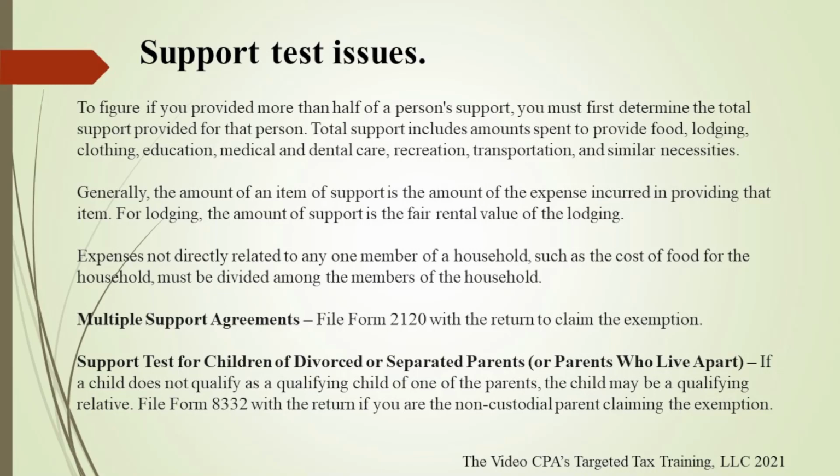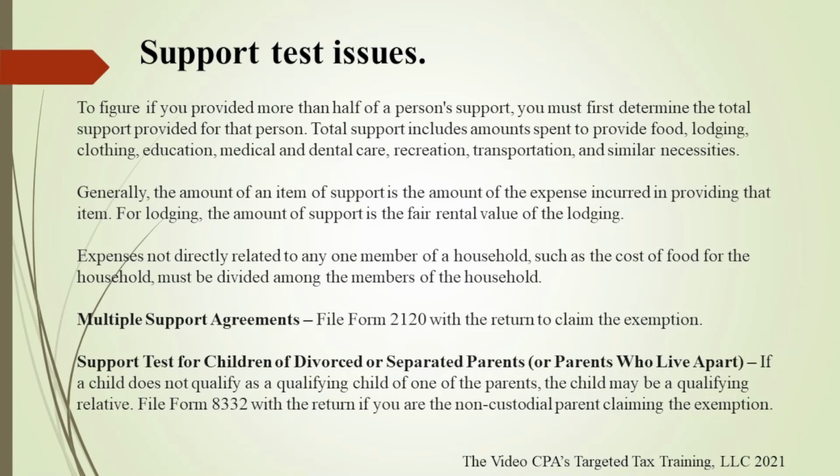And what happens with these agreements is that the parties that provided the support have to get together and say, okay, we are going to allow this particular person to take the exemption this year. Form 2120 actually states that, and it has to be signed off by the other parents that have provided some of the support, saying, okay, we're letting this person have the support this year.